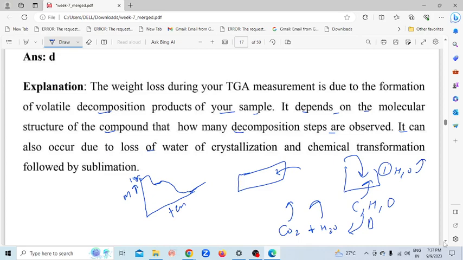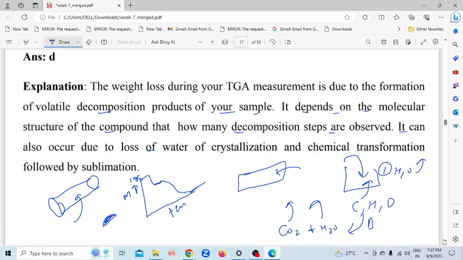So all these options you can understand clearly. This same concept you can apply for other chemicals. Suppose you are burning a wooden piece. What will happen after complete combustion of this wooden piece? You will find only ash.